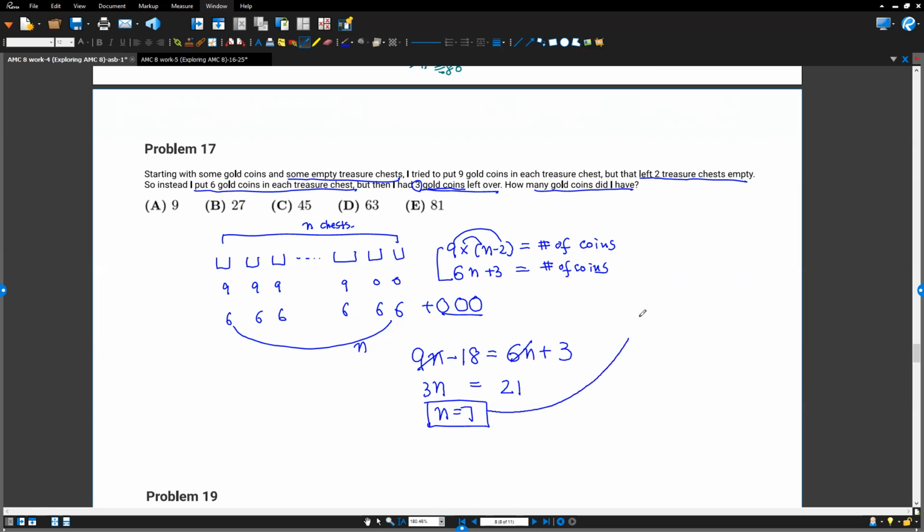Put this number here or here. When n is 7, how much? You can use this one: 6 times 7 plus 3. How much? 45. That is the number of coins. Or you can do 9 times, and just 7 minus 2 is 5. Total 45 coins. So 45 is the answer.